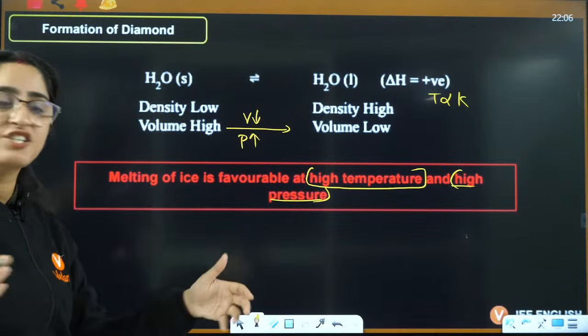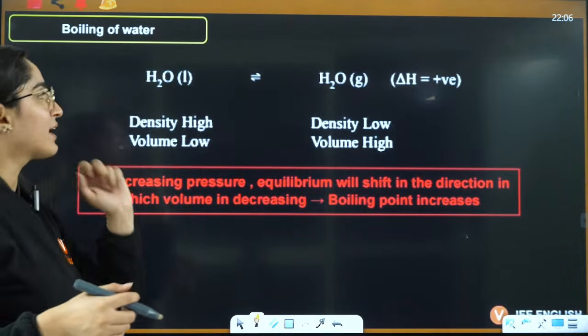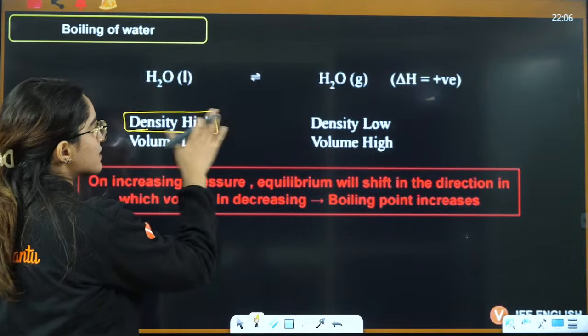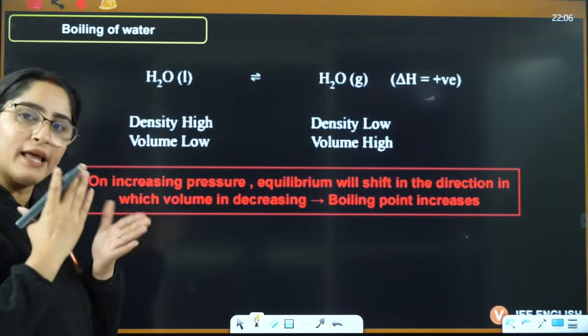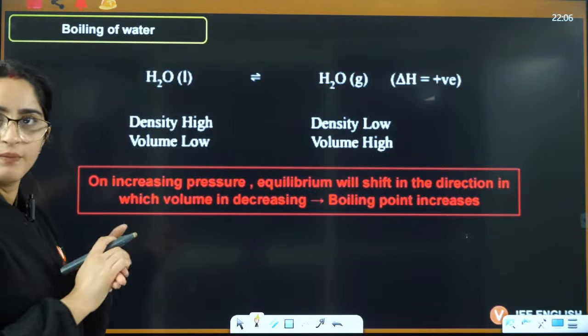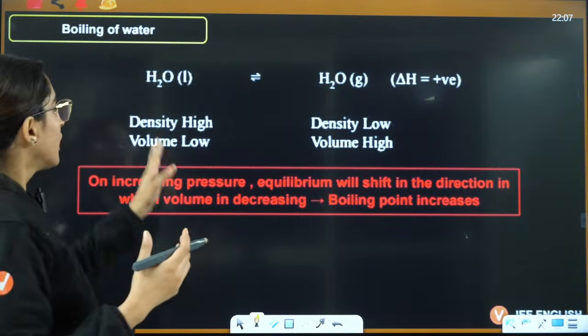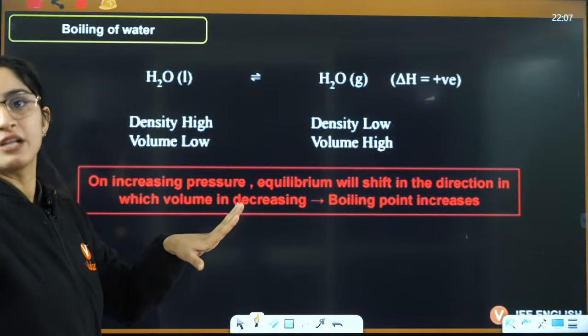We apply Le Chatelier's principle. Then say liquid and gas. This has high density, this has low density, because usually solid has more density, then liquid, then gas. Density means how heavy it is. Ice is an exception because of its cage-like structure.